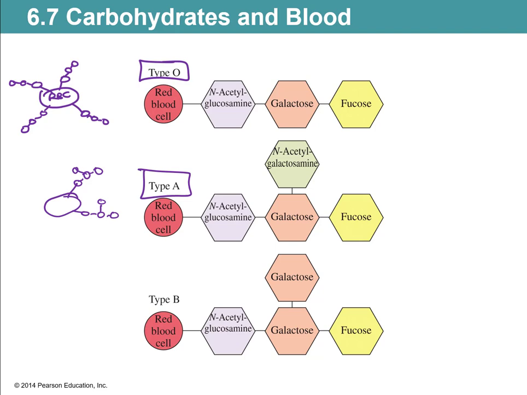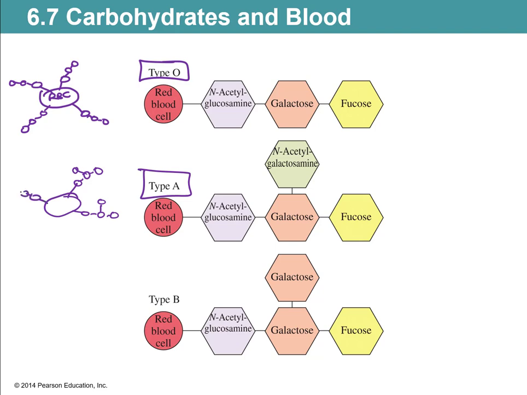Does that pattern match mine? No. So if I, as a type O person, get type A blood, my white blood cells bounce up against this carbohydrate pattern and it's like, no, this is not supposed to be here. This will trigger an immune response. My white blood cells will attack and destroy type A blood cells because I'm type O.